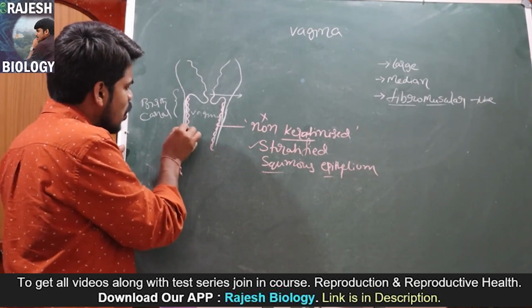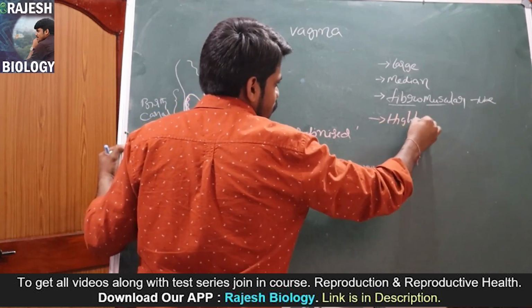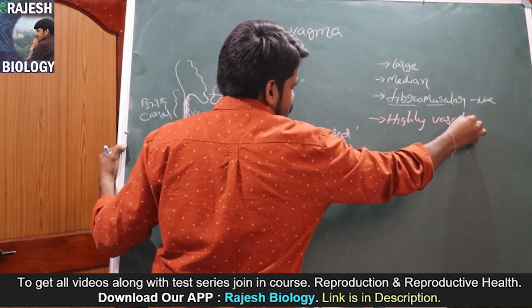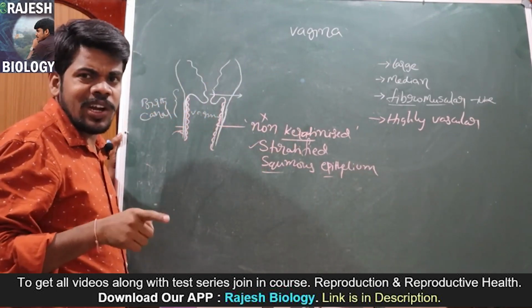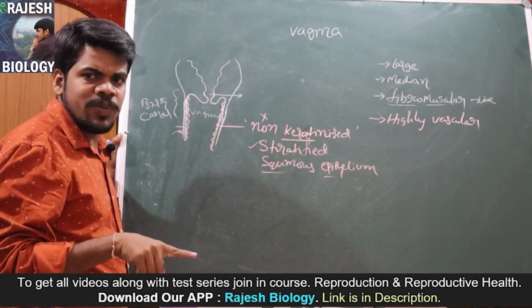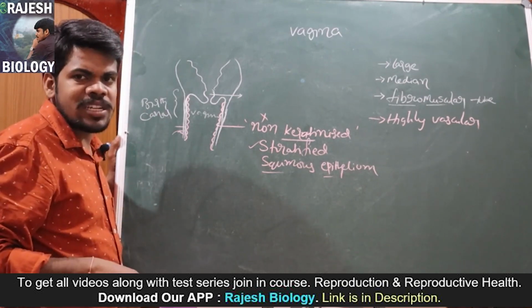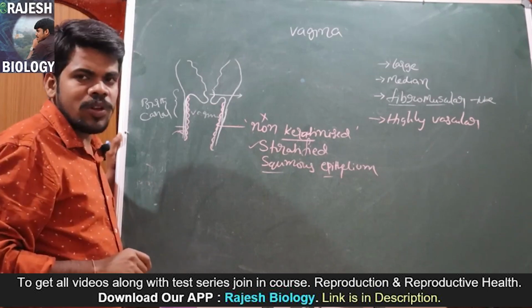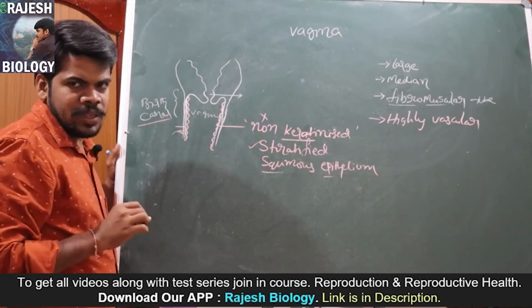The vagina is also highly vascular. It is a large, median, fibromuscular tube-like structure. Cervix and vagina together are called the birth canal.